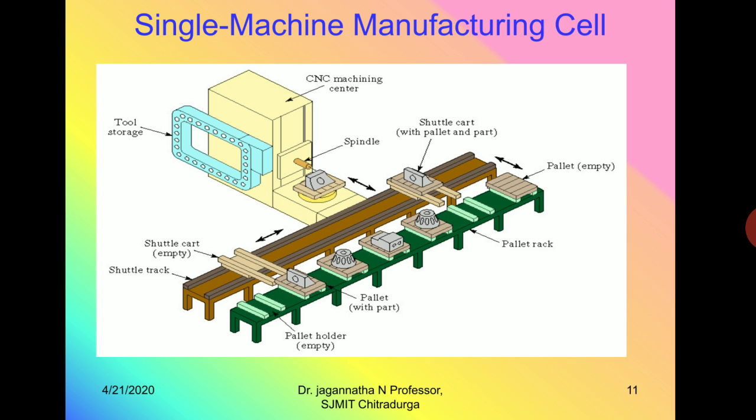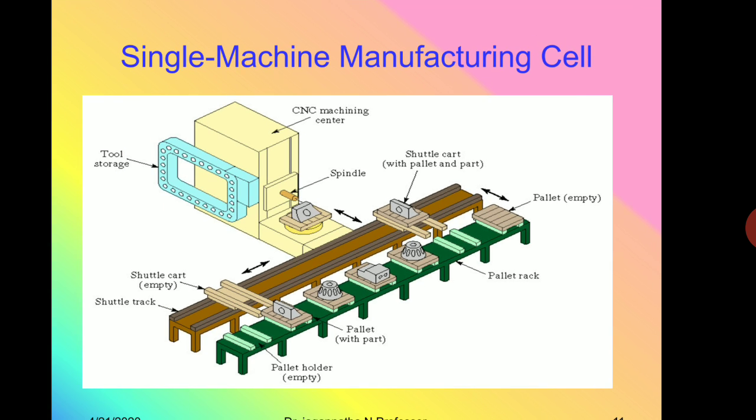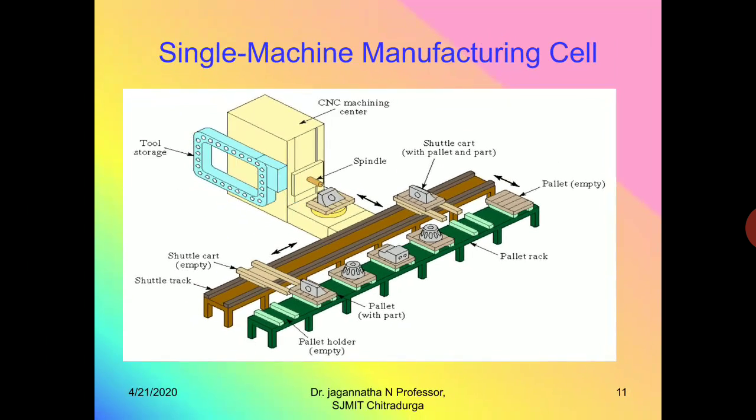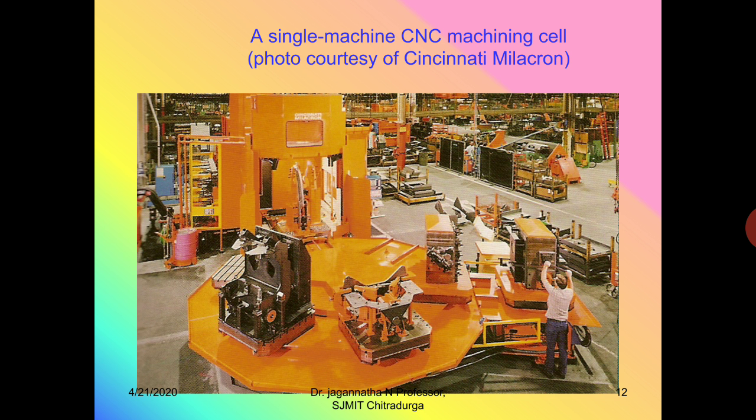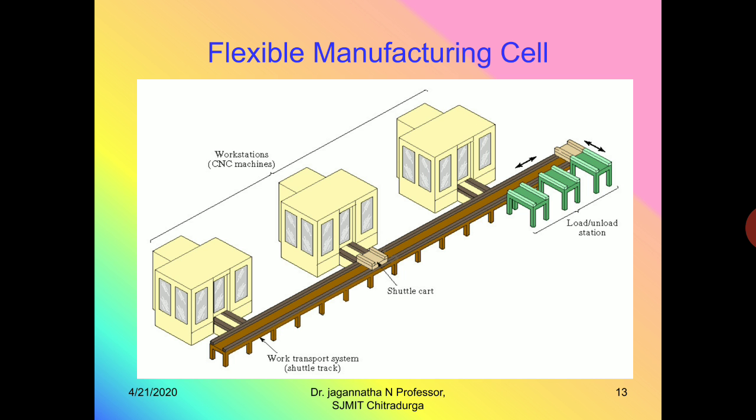This is handled automatically and systematically with perfect distances and correct time management. This single machine CNC cell was first implemented at Sinasino Electron, an industry.